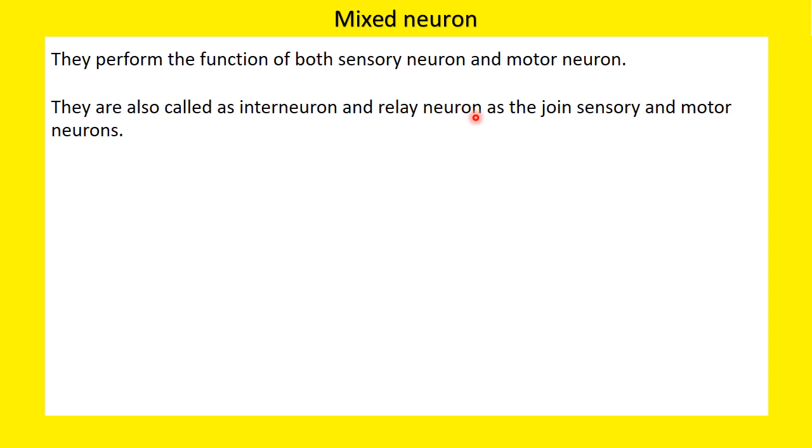So again here we have 3 names for mixed neuron, as they join sensory and motor neurons. In some diagrams we have the sensory neuron on one side and the motor neuron on the other side, and in between there is a mixed neuron.